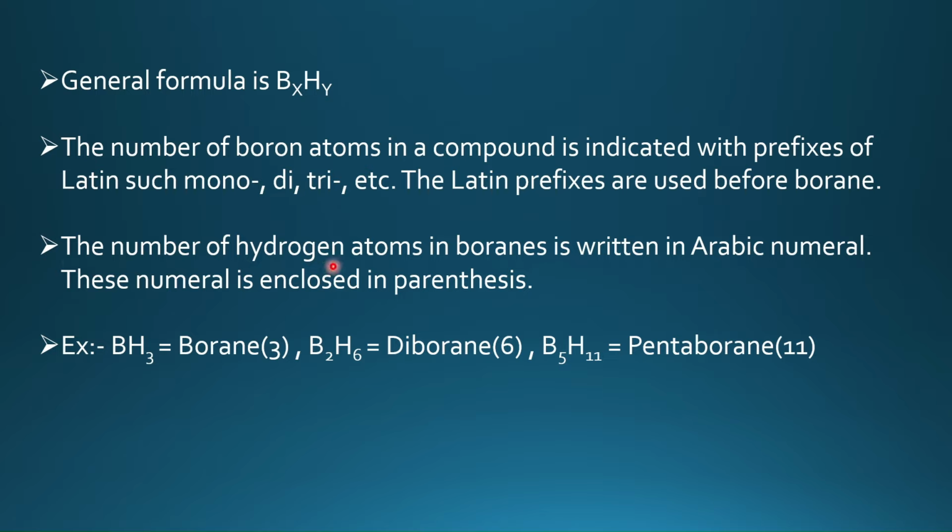The number of hydrogen atoms in boranes is written in an Arabic numeral, enclosed in parentheses. Example: BH3 is called borane(3), B2H6 is called diborane(6), B5H11 is called pentaborane(11).